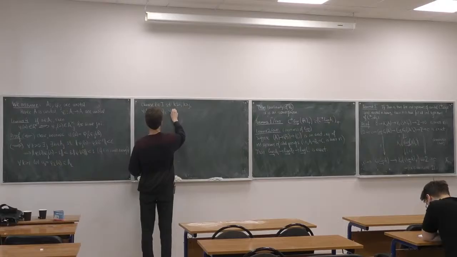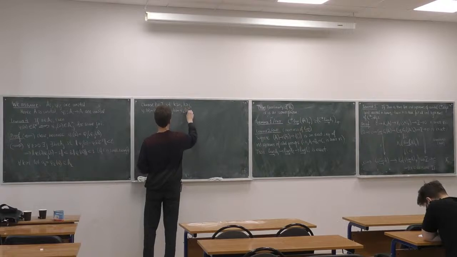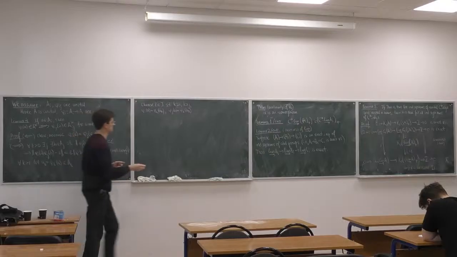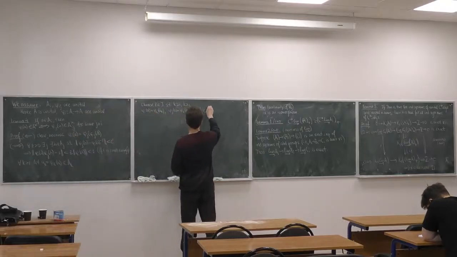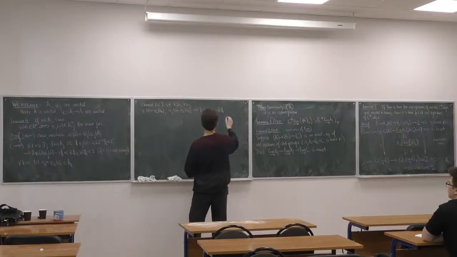Similarly, phi_j of b is equal to phi_k of b_k. And if we substitute it here, we see that phi_k applied to a_k b_k minus 1 is less than 1.